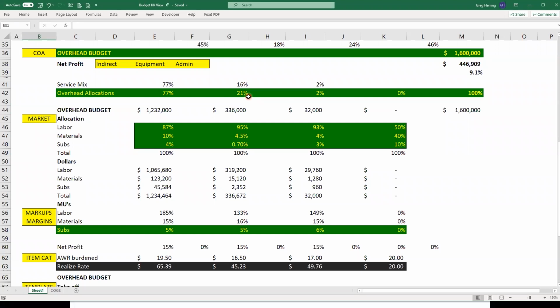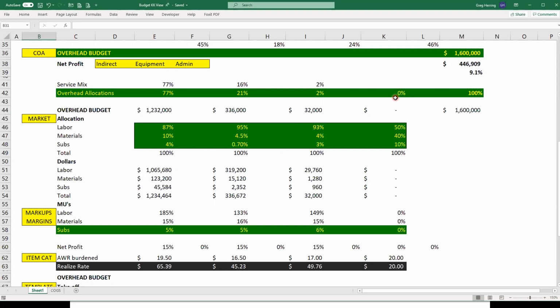When you look at everything that needs to be recovered, total overhead, I said, let's just keep it pretty simple. 77% is going to be recovered by construction, 21 by maintenance, 2%. They all add up to 100, 0% overhead is being allocated over to snow. And you can do that, and we can talk about why you could do that at a different time.